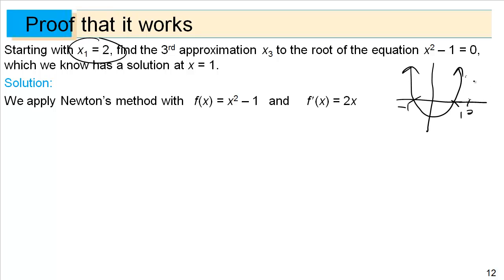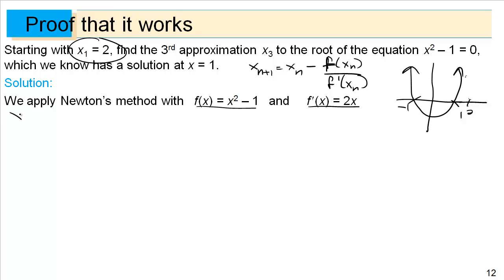And then we're going to see how close we get to 1, which we know is the right answer, after 3 iterations of this. So here's our original function, here's our derivative. Remember the standard formula is that the new x is equal to the old x minus the function evaluated at that number divided by the derivative evaluated at that number.